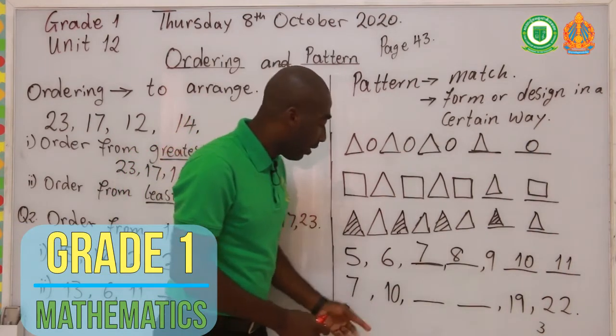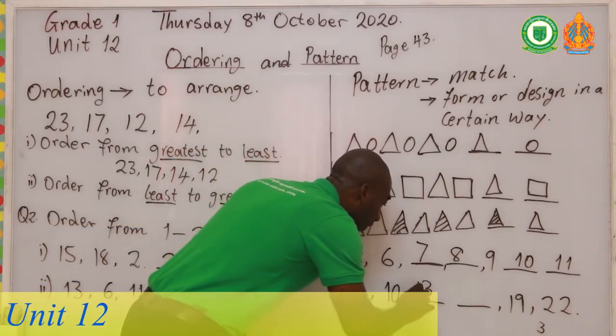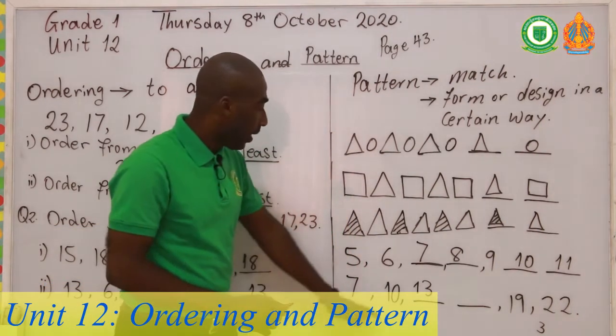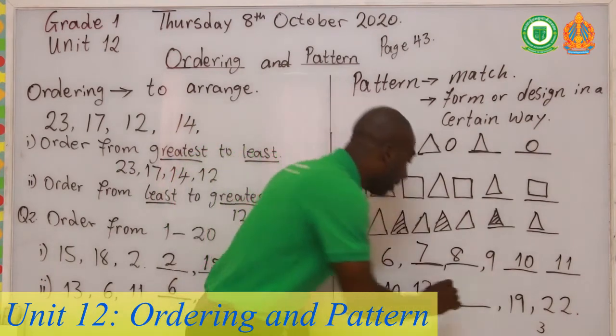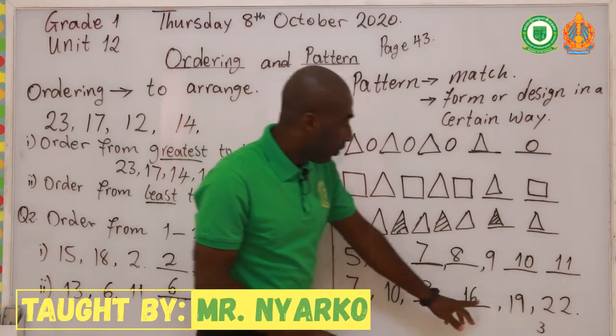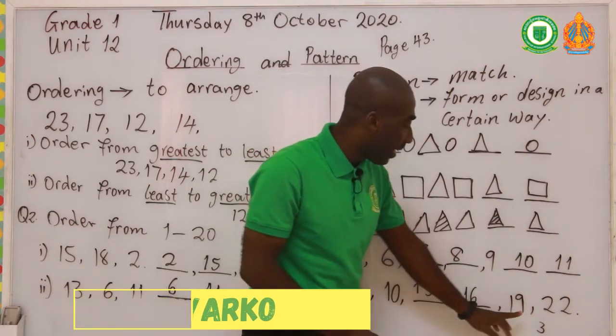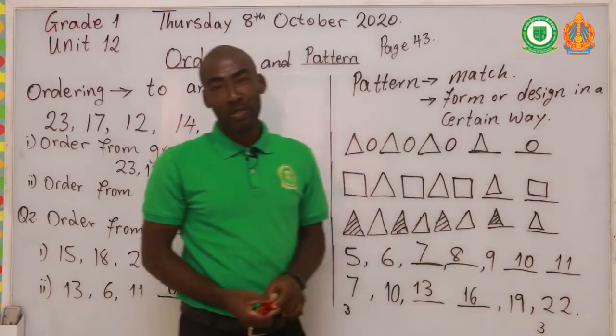Okay, so we need to add 3 to this one, so that will give us 13, and we add 3 to this one will give us 16. So 3 plus 16 will give us 19, and plus 3 will give us 22.